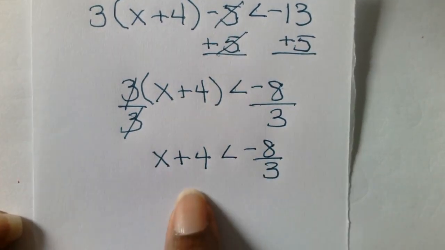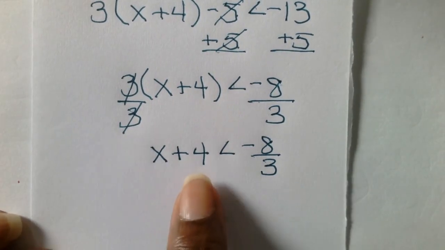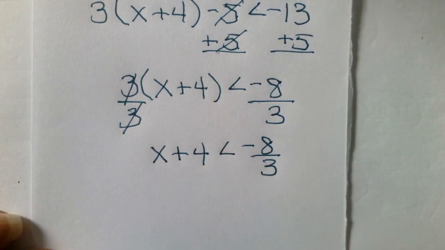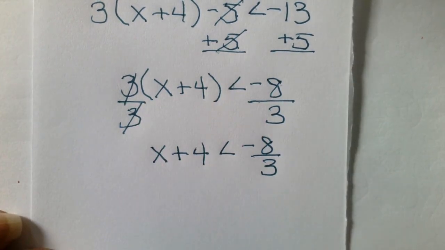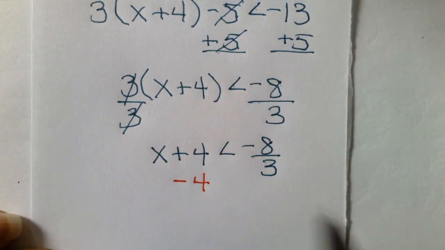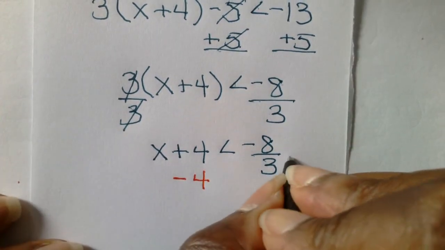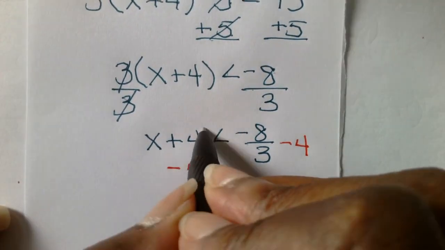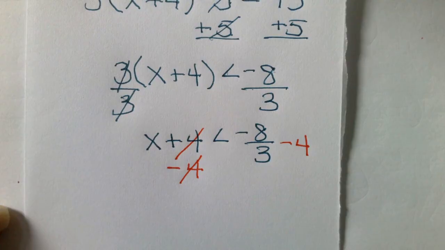So if I want to get x by itself, I need to move that positive 4 to the other side. The opposite of plus is minus. These are going to cancel out to give me my 0.